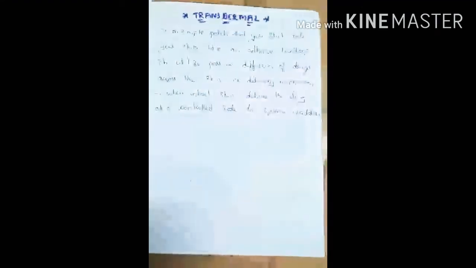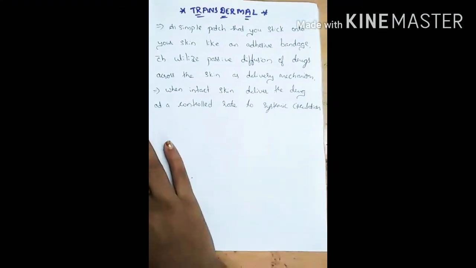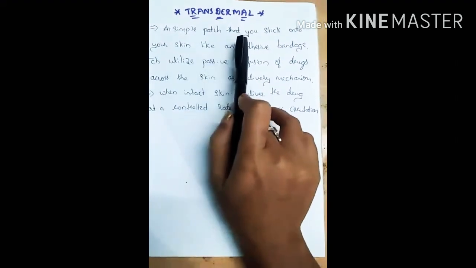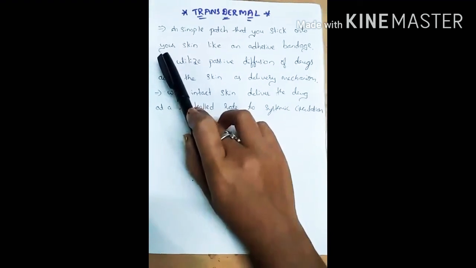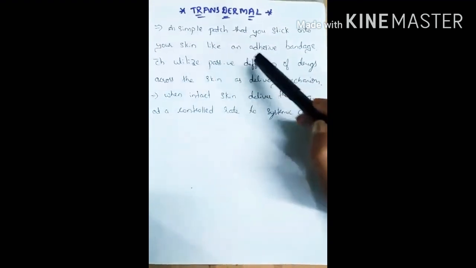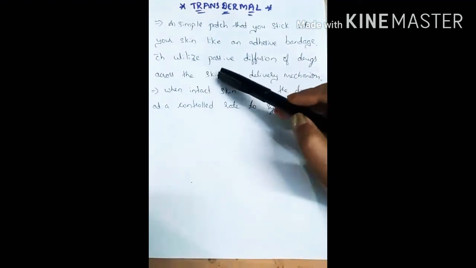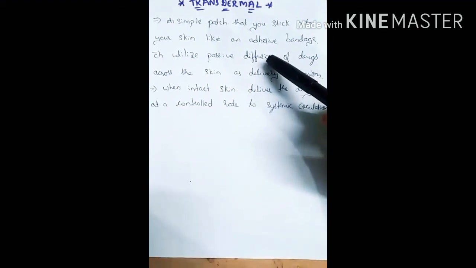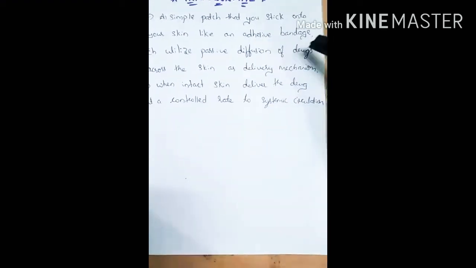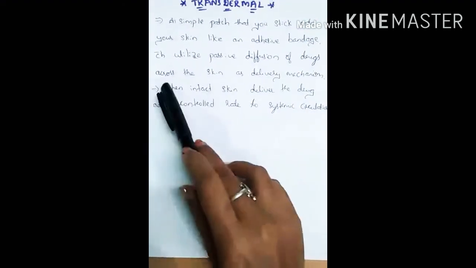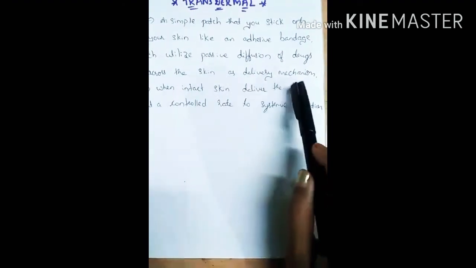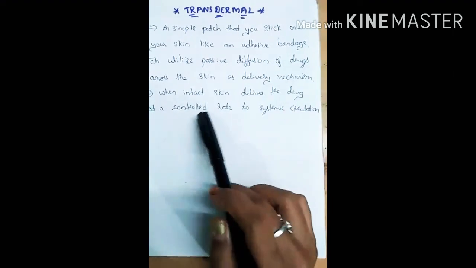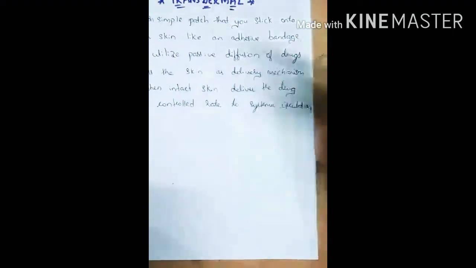Next, the last part of the parenteral route is transdermal. A simple patch that you stick onto your skin like an adhesive bandage utilizes passive diffusion. Passive diffusion I will explain in the next class. Drugs move across the skin as a delivery mechanism, and intact skin delivers the drug at a controlled rate into the systemic circulation.